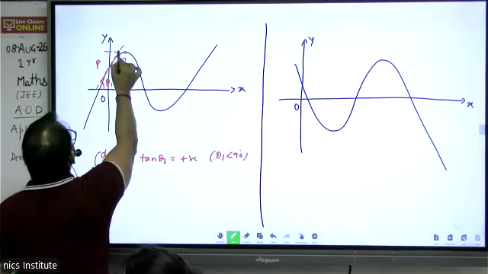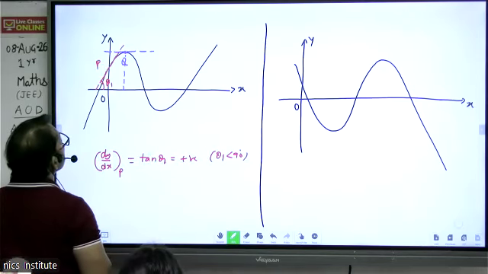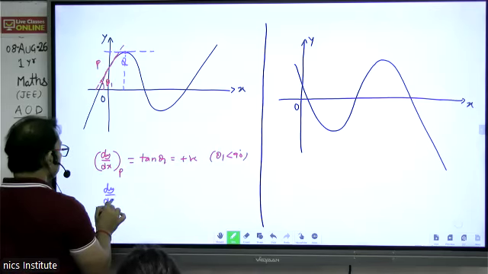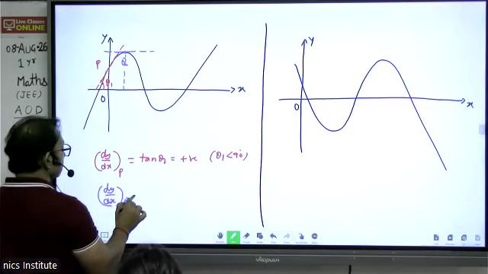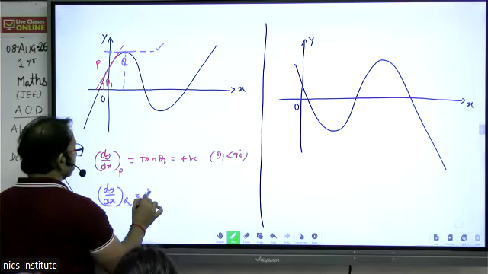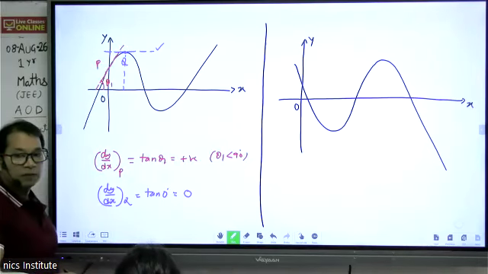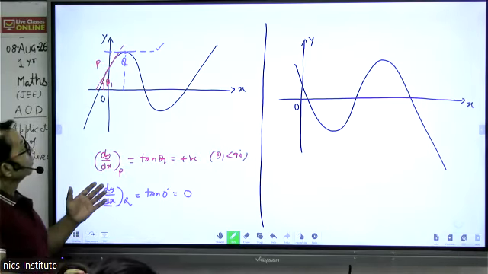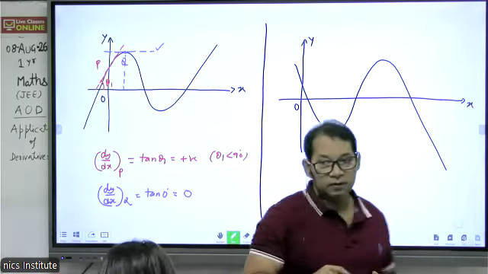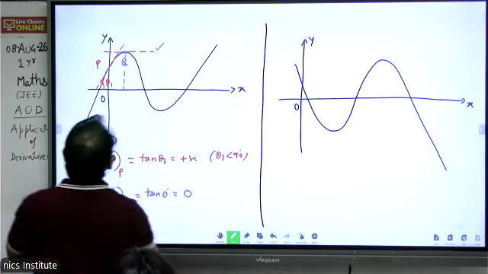If I draw a tangent over here, what will be dy by dx at Q? This tangent is making how much angle with the x-axis? 0. It's parallel to the x-axis. So the tangent at the point Q is parallel to the x-axis because it is making a 0-degree angle. So at Q, dy by dx will be 0.